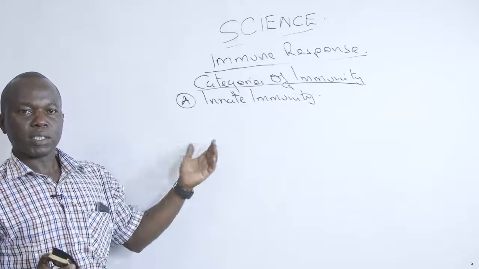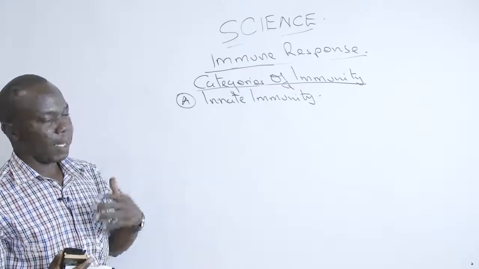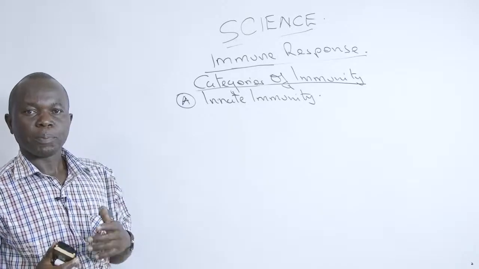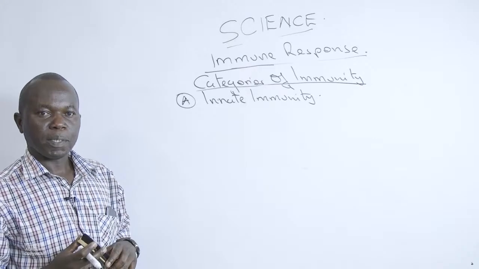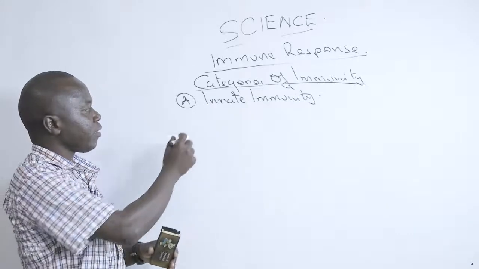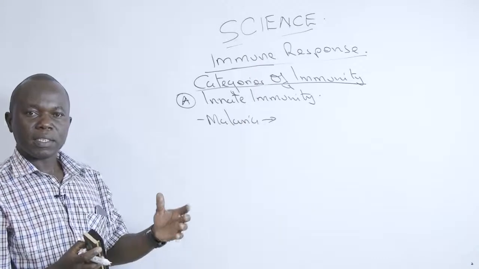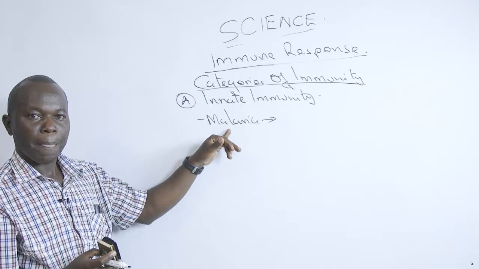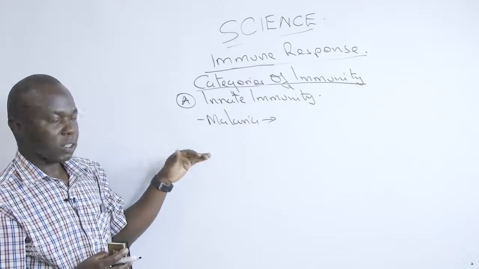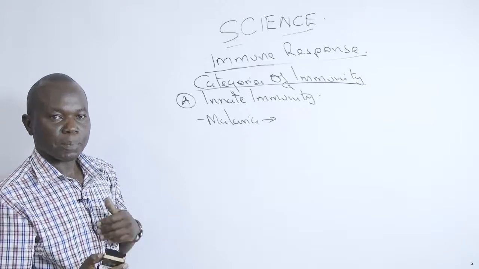Innate immunity is that immunity which a person is born with. You realize that people who are born in tropics, especially Asian tropics and African tropics, they rarely suffer from malaria because they have inherited immunity against malaria. But those people from temperate regions are very vulnerable to malaria as compared to those in the tropics.